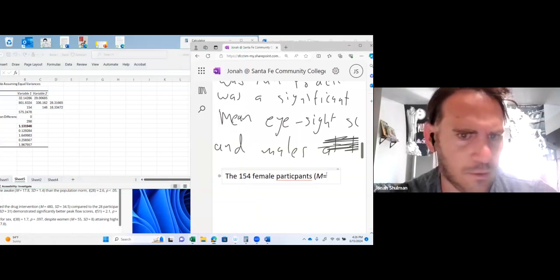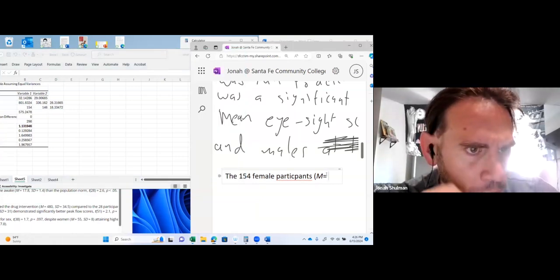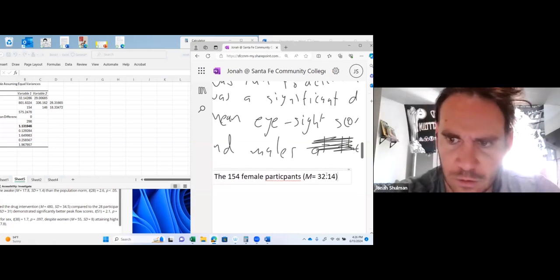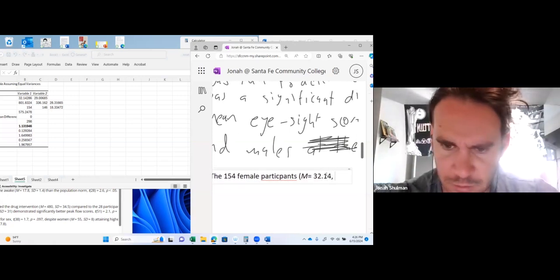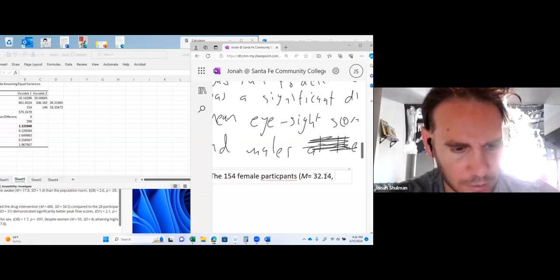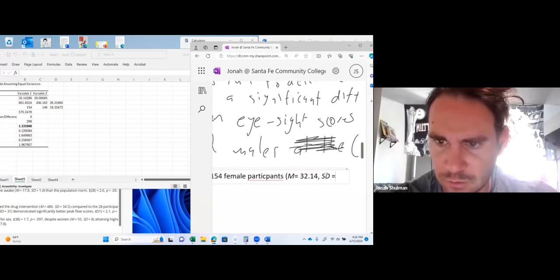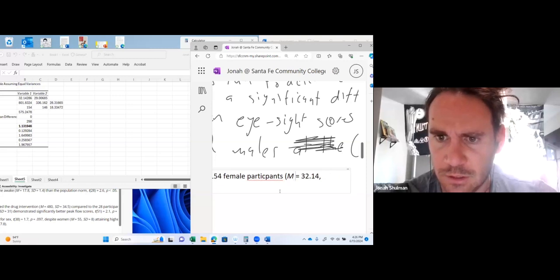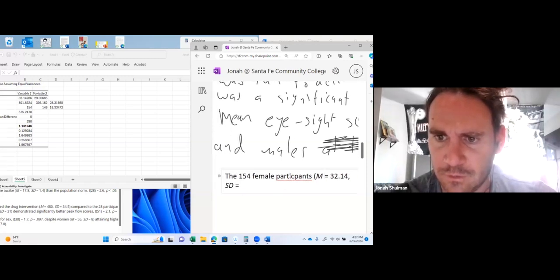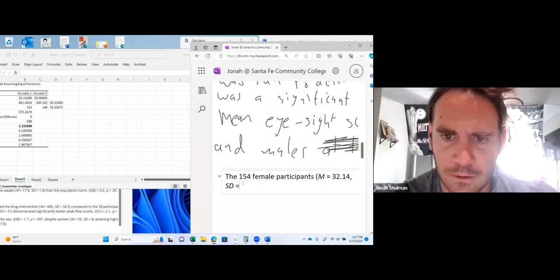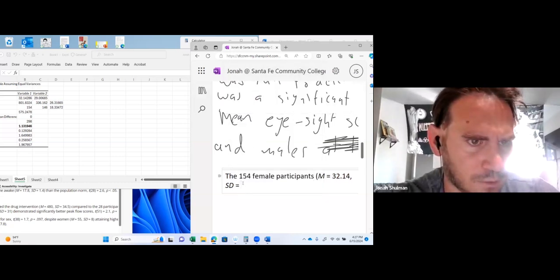Mean is 32.14. Then you do comma, control I, SD, control I, space equals, I forgot a space here. And then I have 28.32.